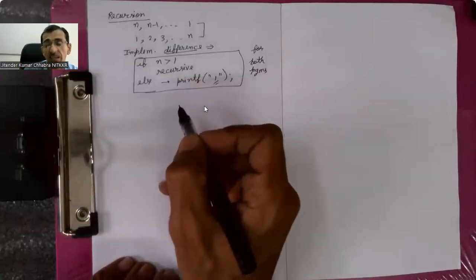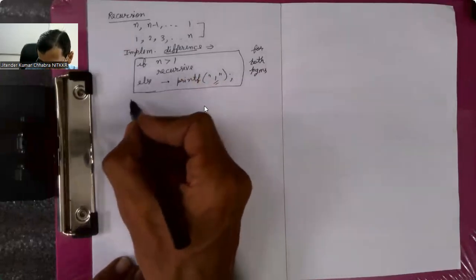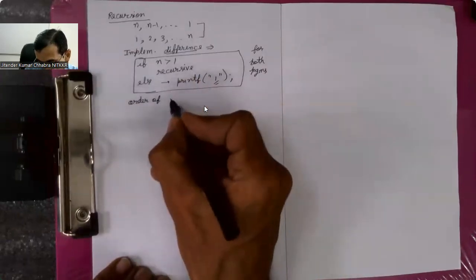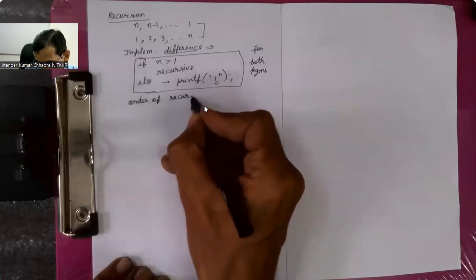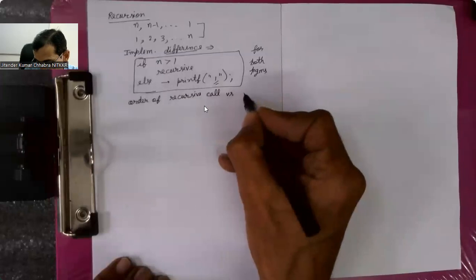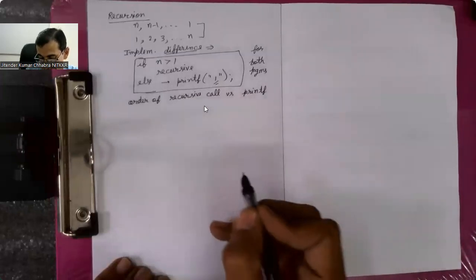Effectively, the implementation will differ in the order of the recursive call versus the printf statement. That's it.